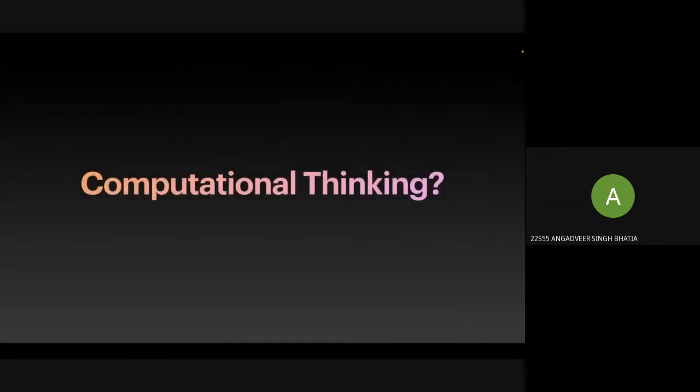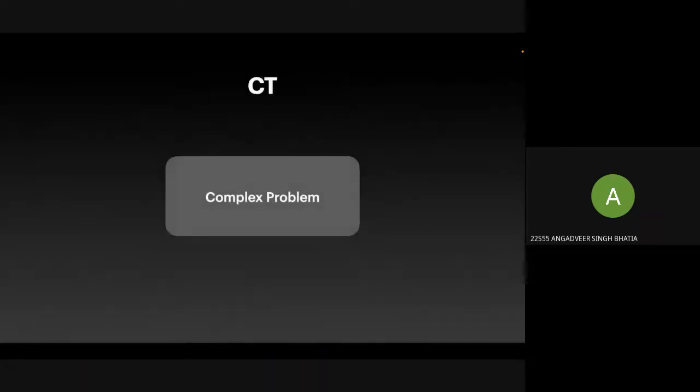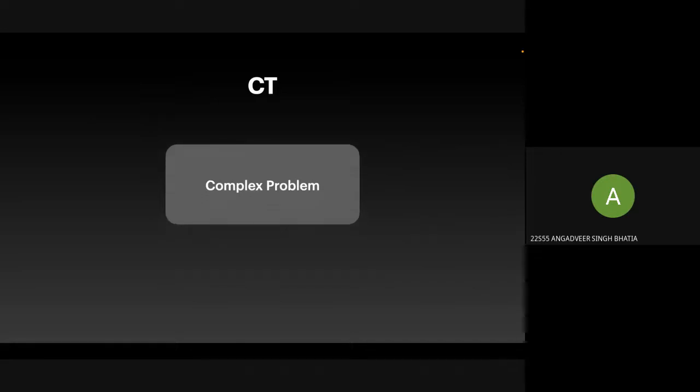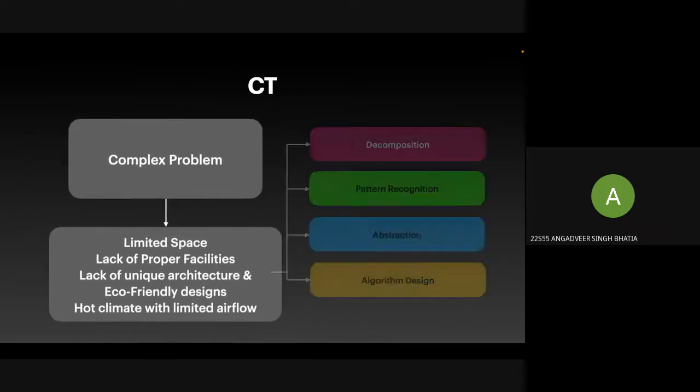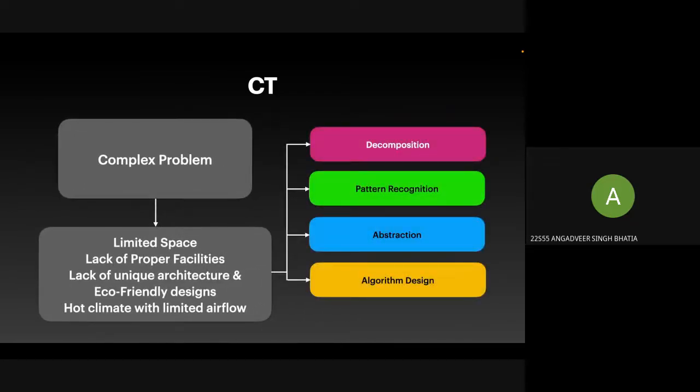So let me move on to the more computational thinking aspect of this project. Once I discovered the complex problem, which was the lack of space and proper facilities, unique architecture and eco-friendly designs, and also it's a very hot climate, and we face the heat of Singapore at that place, I used these four aspects of computational thinking, the DAPA approach.